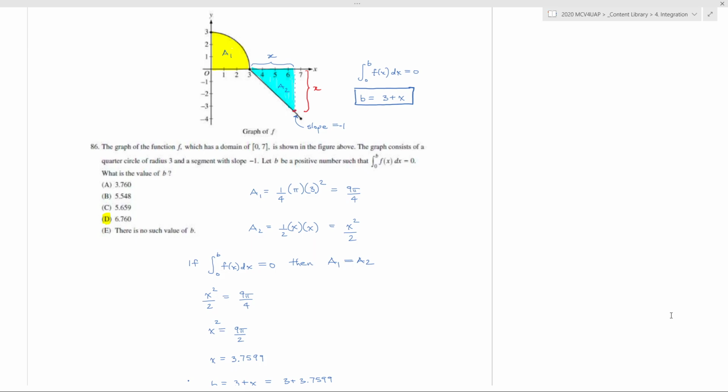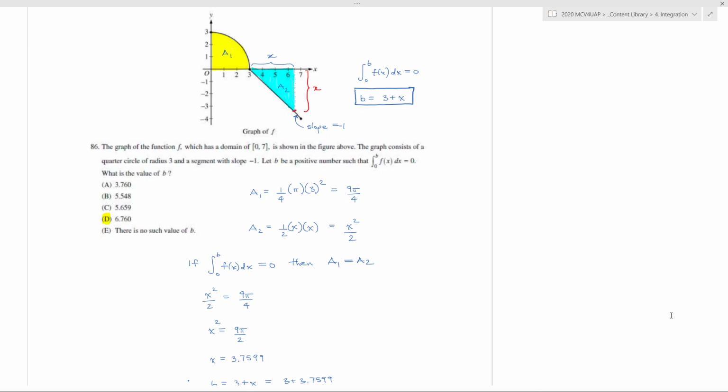The height of that blue triangle is also x. The reason that it's also x is because the slope is just -1. Okay? So for every number of units that I go over, I have to go down by the same number of units if I'm going to be on that line.